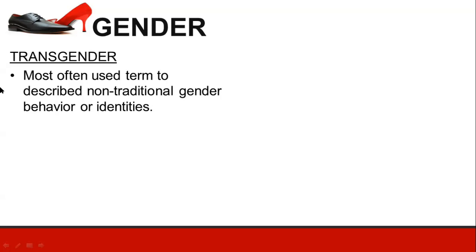For example, si Maria ay pinanganak siyang babae. Meron siyang attributes or characteristics ng isang babae. But later on, habang lumalaki siya, nafe-feel niya na hindi siya belong or hindi para sa kanya yung kanyang katawan.